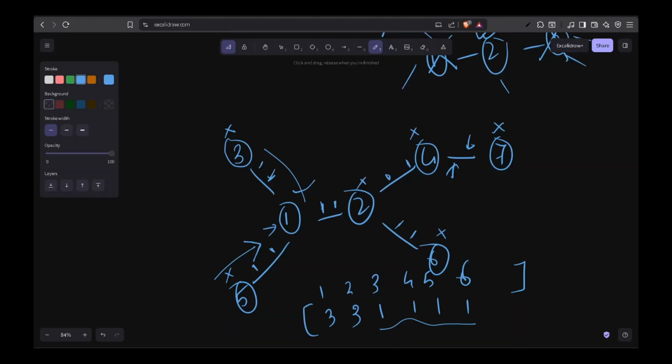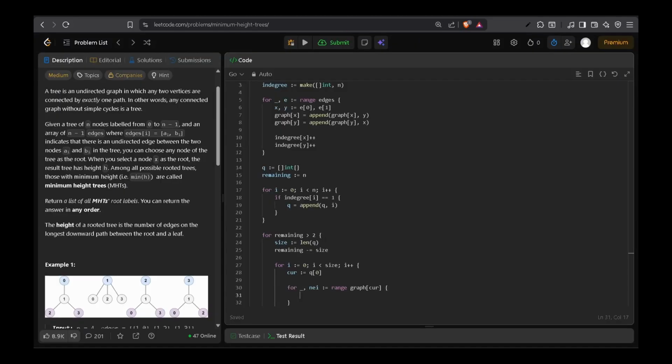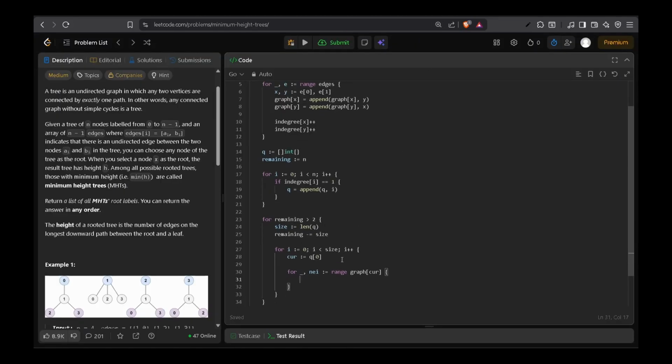As we saw, if we landed in this node, say we found 1 as the current node, we'll see from 1 where we can go: from 1 to 2, from 1 to 3, 1 to 5. So we'll iterate over this array, right? That's what we are doing.